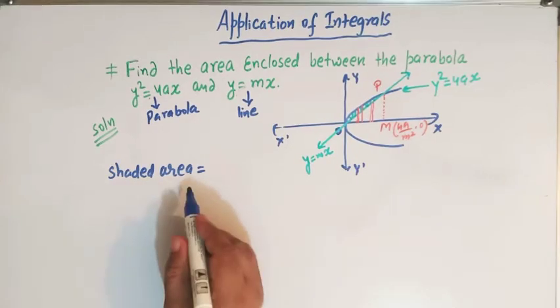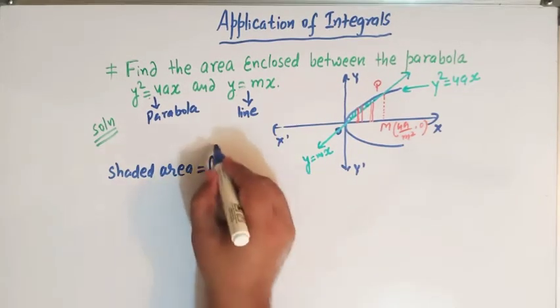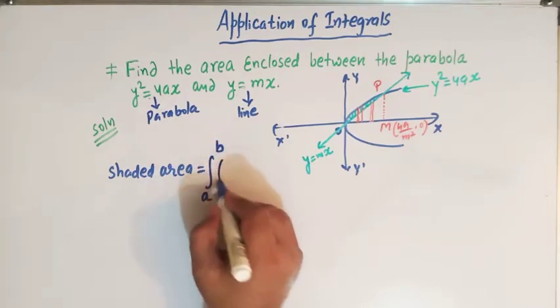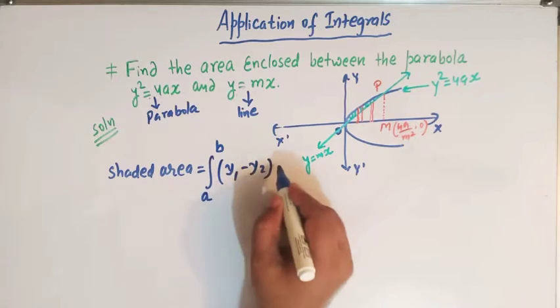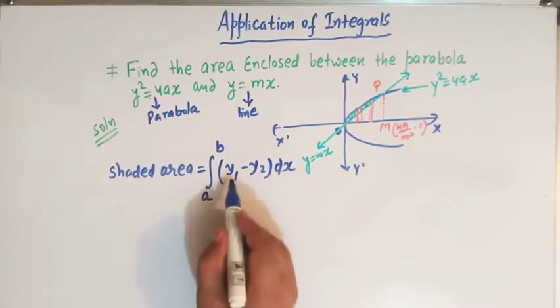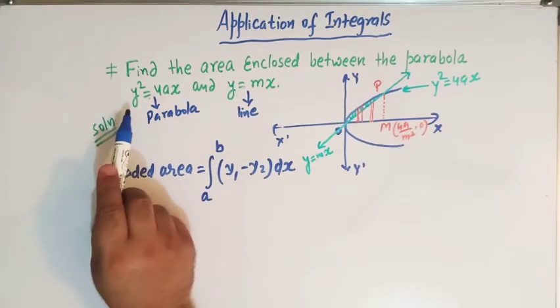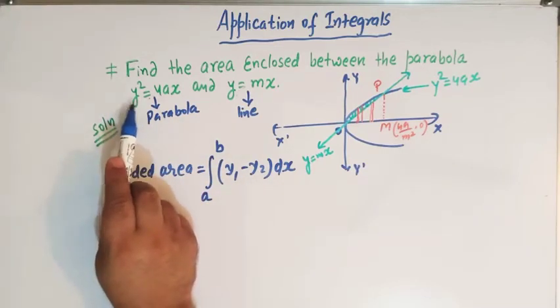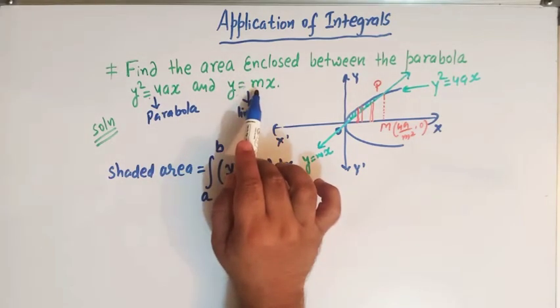So the shaded area is from A to B. The general formula is the integral from A to B of y1 minus y2 dx, right? Where y1 comes from the equation of the parabola, and y2 comes from the equation of the line.